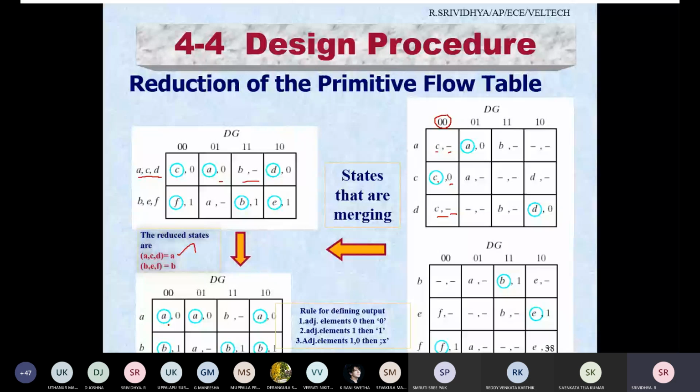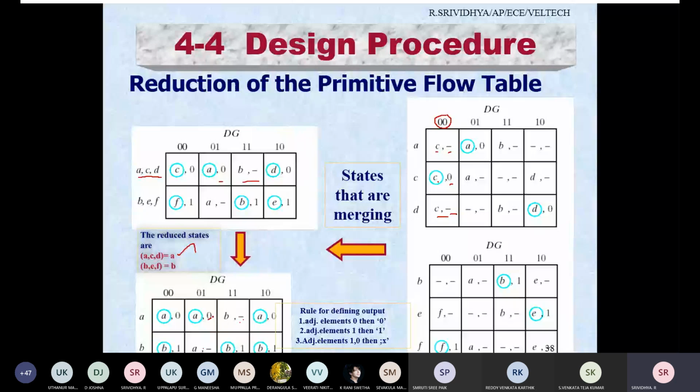Okay, this is your state and this is your output. Am I right? So now this one has an output, this one has an output. But here you could find there is no output, and here there is no output. So to assign the output value for these states, there is a rule. If you do not have output for a state, then you have to check the adjacent elements.